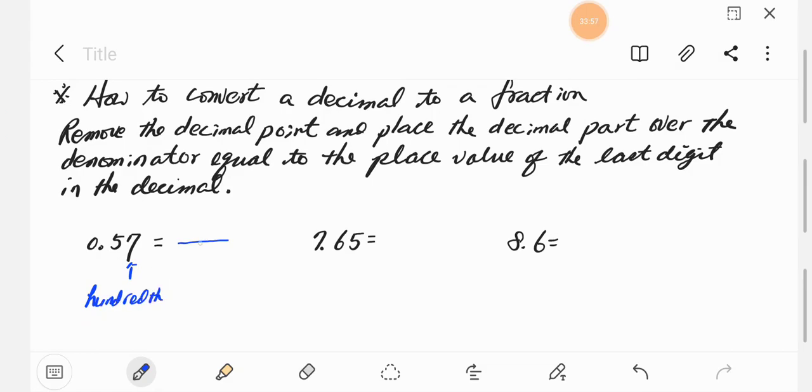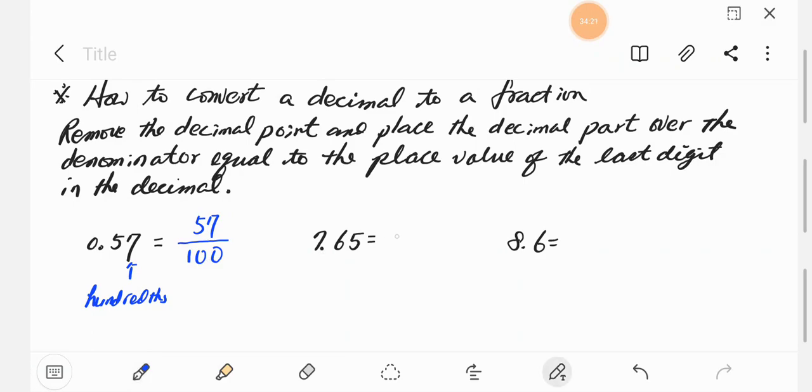So write down 57 in the numerator, and the denominator will be just 100. You can just put 2 zeros, because there are 2 decimal places.